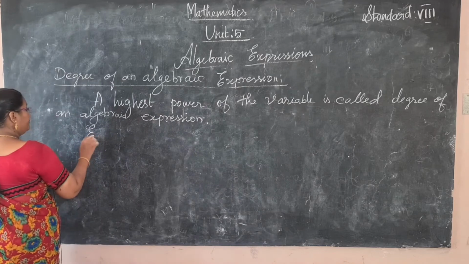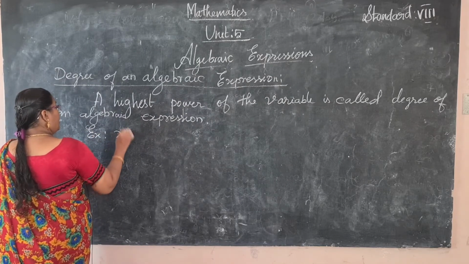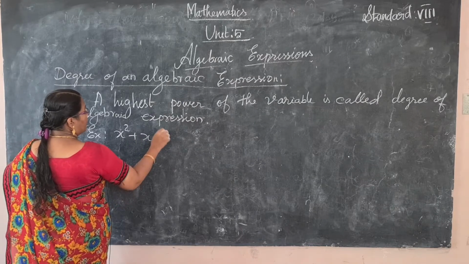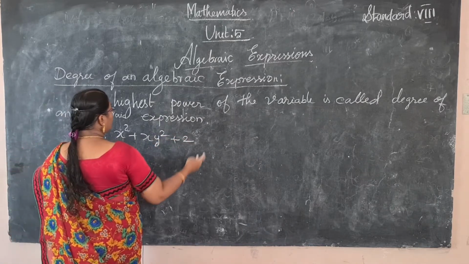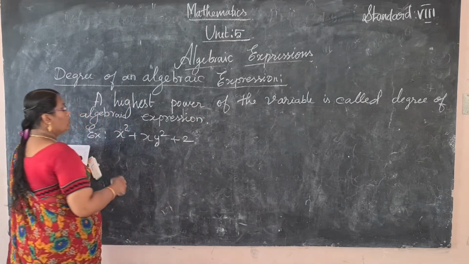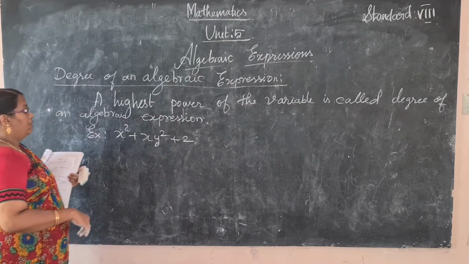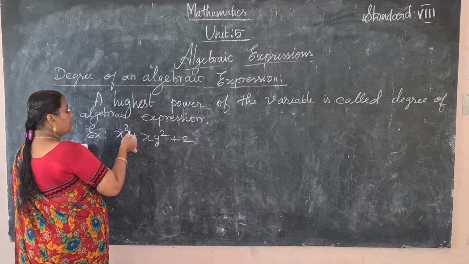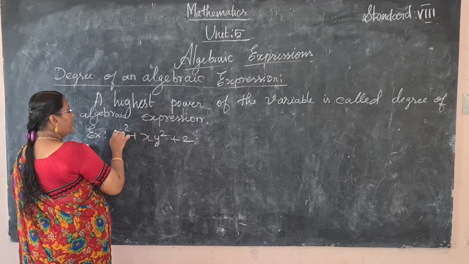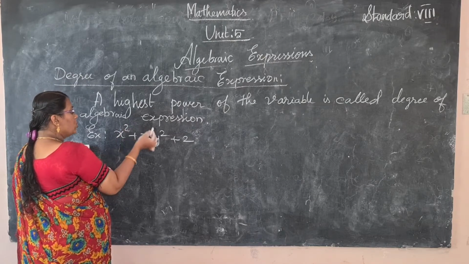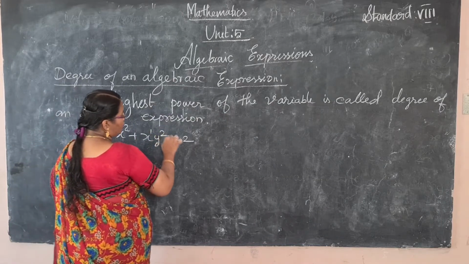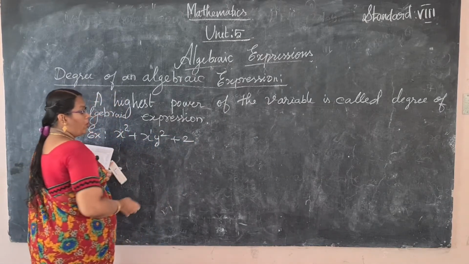Example: x square plus xy square plus 2. What is the degree of this algebraic expression? It is the highest power of the variable. Here the variable power is 2, here the variable power is 1, here the variable power is 2. Here is the constant term.